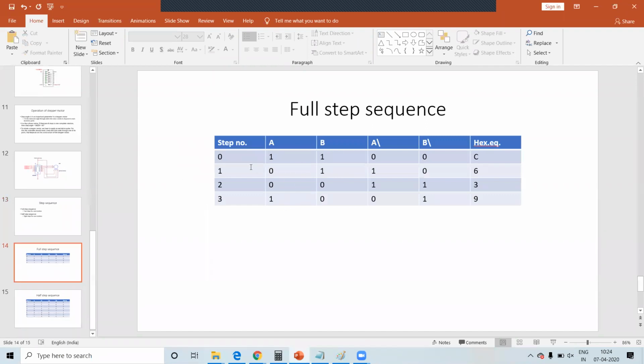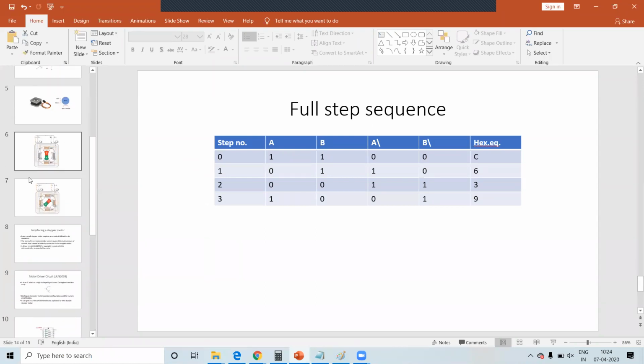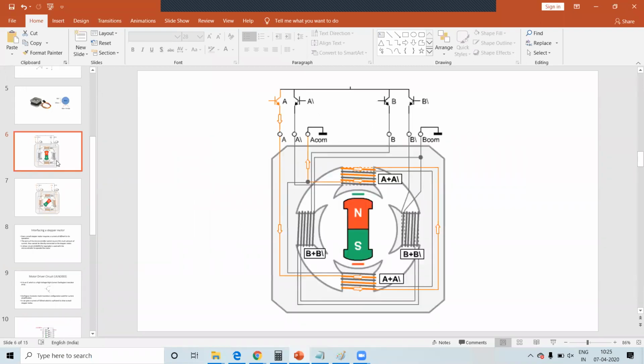In a full step sequence, let's go back to the diagram to see how it actually works. The north pole of this shaft should move in a clockwise direction from this winding to this winding, so we need to move it by 90 degrees.